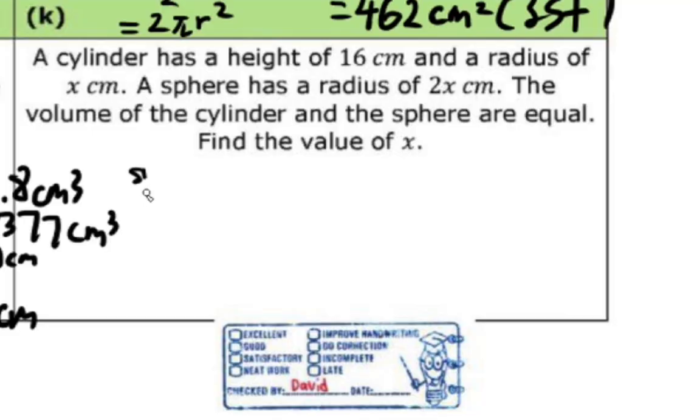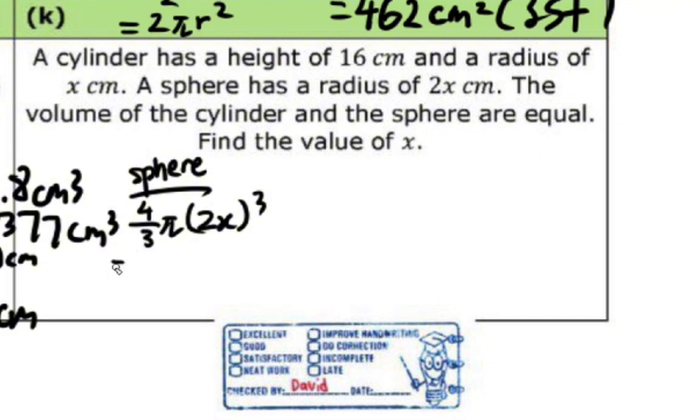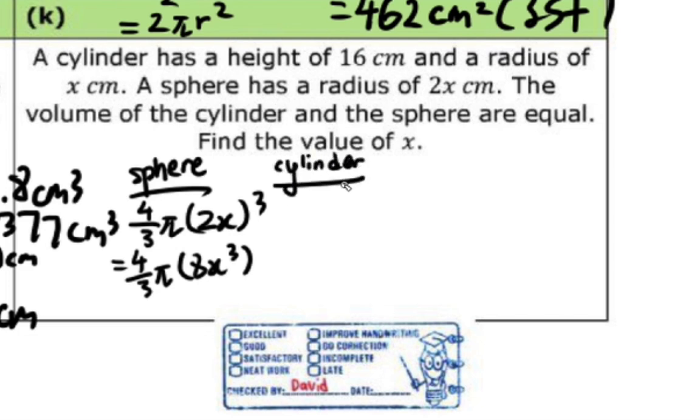The formula for the volume of the sphere will be 4 over 3 pi r cubed, and with r I'll just put 2x cubed, which we will get 4 over 3 pi 8x cubed. And the volume of the cylinder would be pi x squared multiplied with 16 cm.